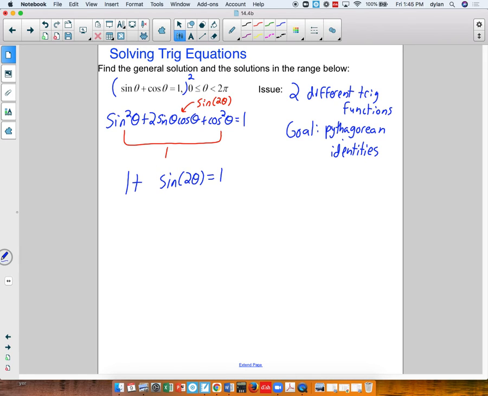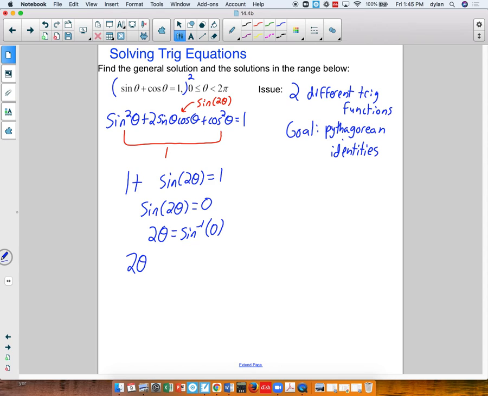So now we can subtract 1 from both sides, and we would end up with sine of 2 theta equals 0. And so that means that 2 theta equals the sine inverse of 0. And the sine inverse of 0 occurs in two places, at 0 and pi.